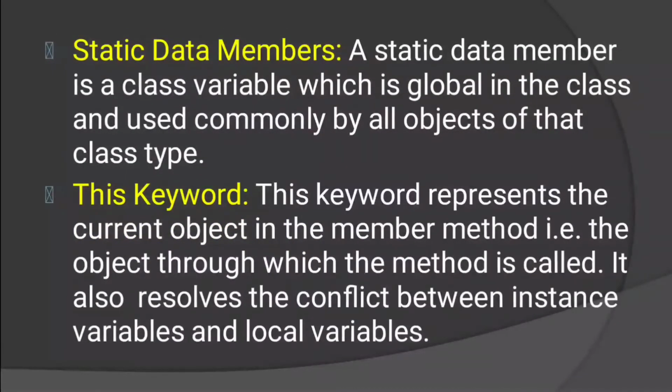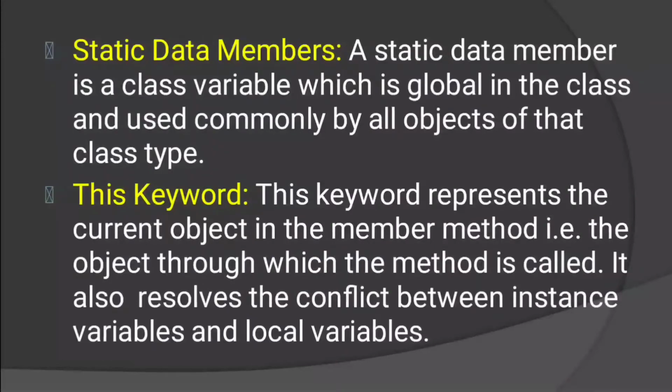Next is the static data member. A static data member is a class variable which is global in the class and used commonly by all objects of that class type. We declare a static variable under the class, outside of the main function, with the static keyword.